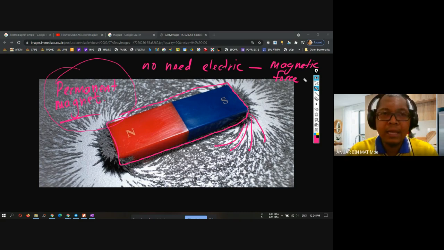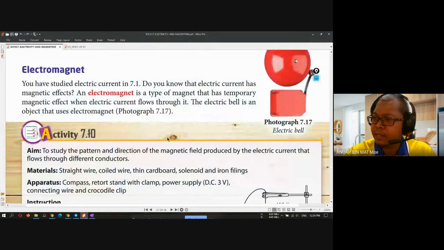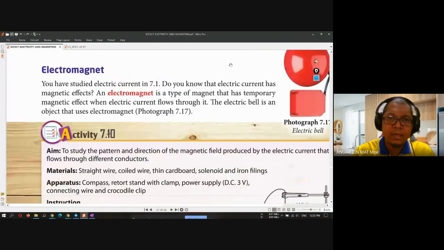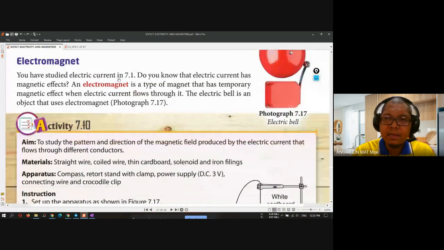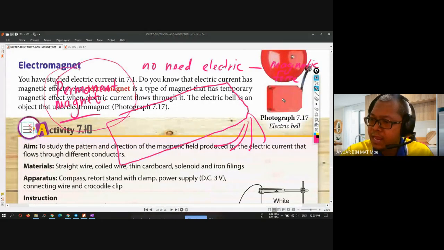And then what is the electromagnet? We go back to the textbook. Electromagnet uses electricity in order to create what?